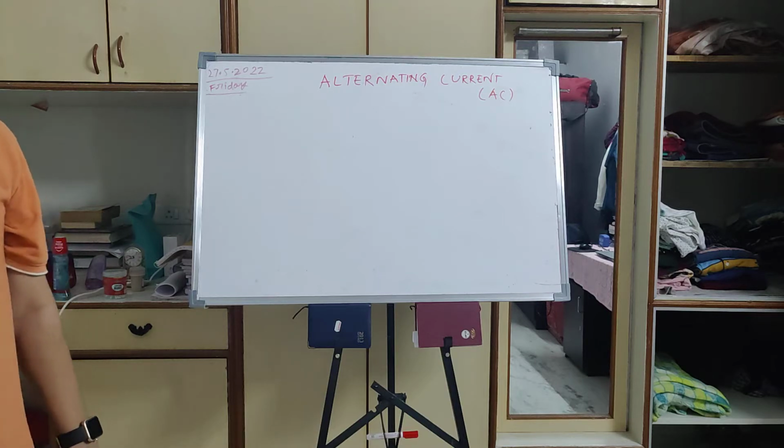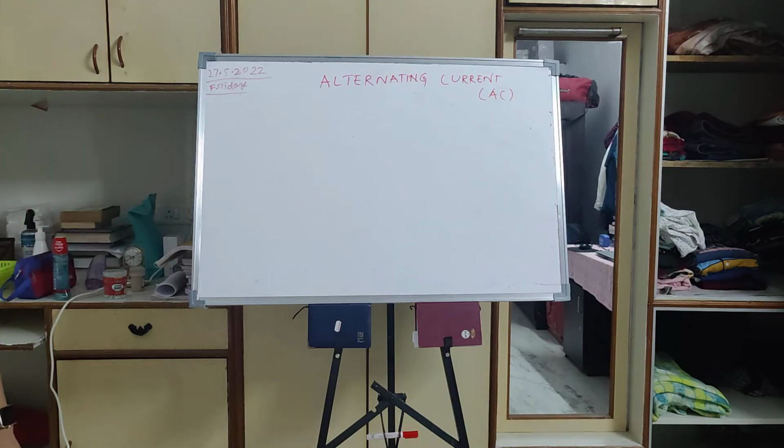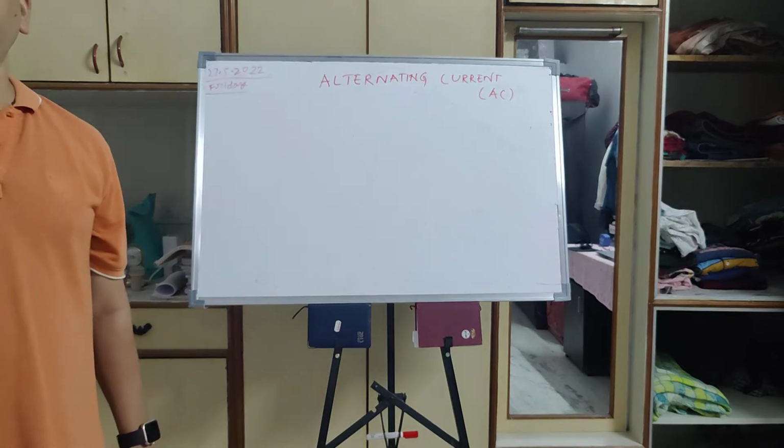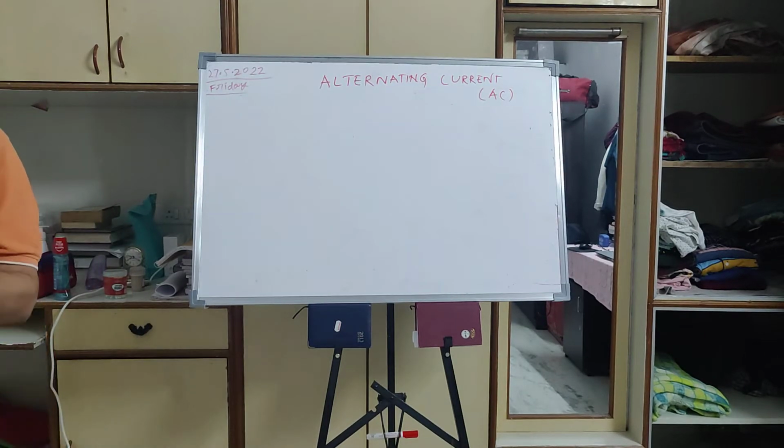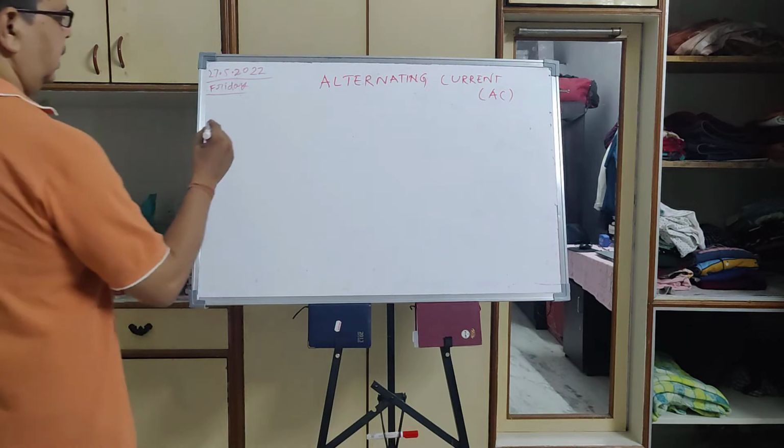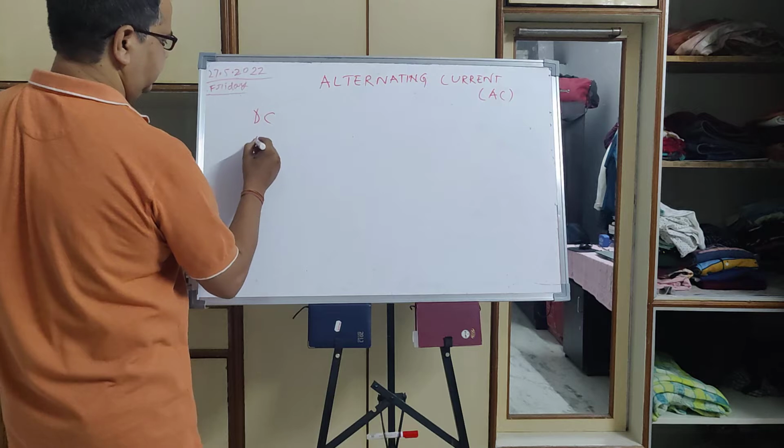If it is fully charged, then depending on the ampere hour, the battery will have a specification. Here I am talking about the DC current. So you will have DC, and you will have AC.